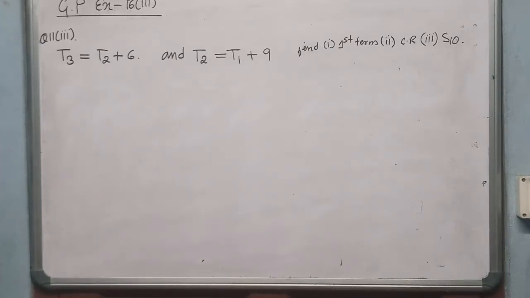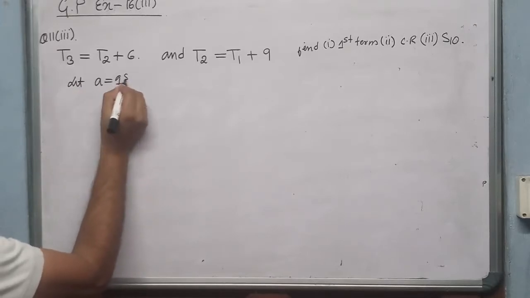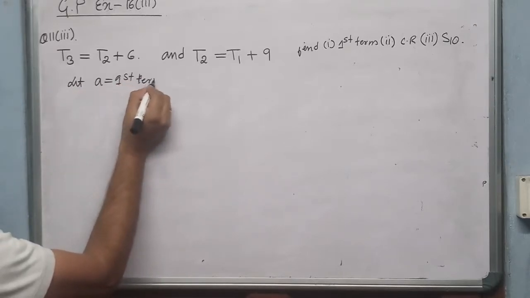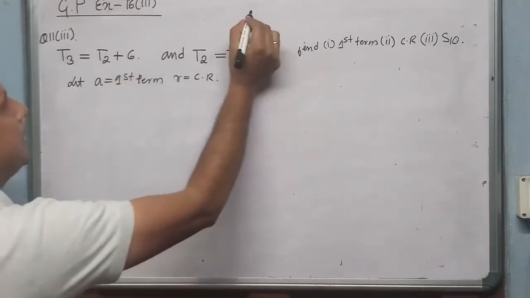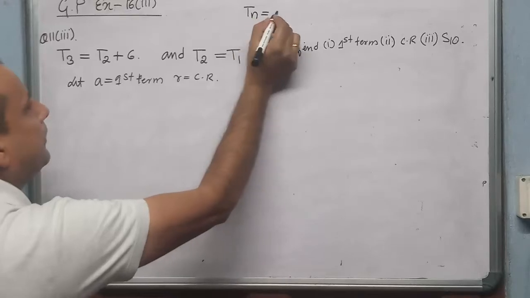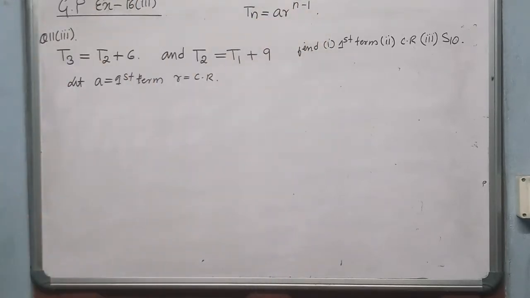Now I'll have to consider, let A be the first term and R be the common ratio. Now in this sum, we'll use the Tn formula. The Tn formula of GP is A r to the power n minus 1. This is the formula I'm going to use.